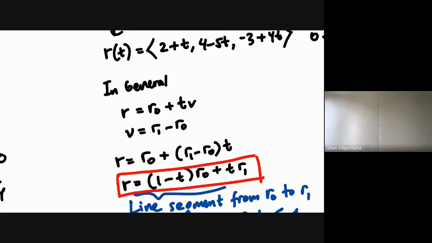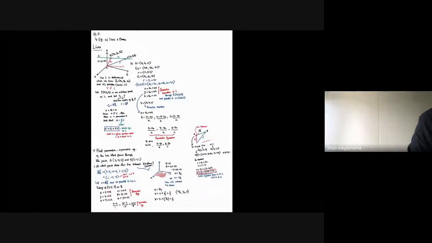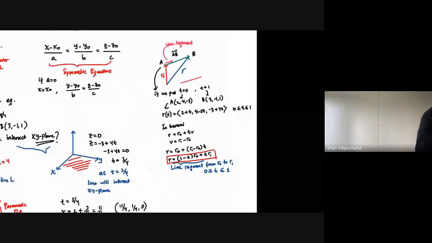And if we are evaluating from 0 to 1, we can write this in terms of 1 minus t, for t in between 0 and 1. That's a more general approach, and that's all for lines.